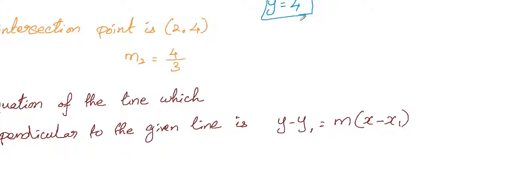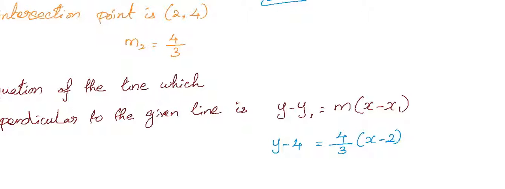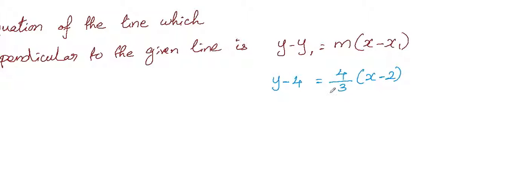Here the given point is the intersection point 2, 4. So y minus 4 equals 4 by 3 into x minus 2. Now move that 3 to the left hand side, and we get 3 times y minus 4 equals 4 times x minus 2.